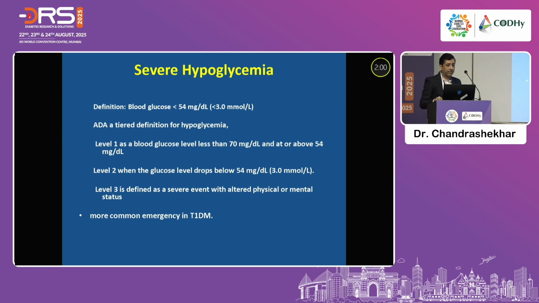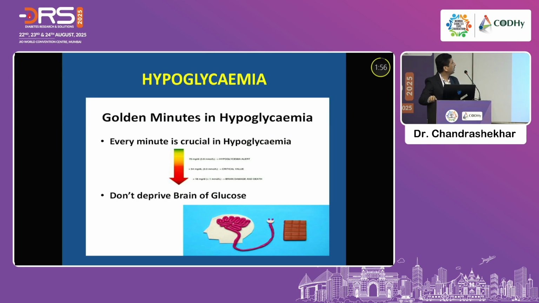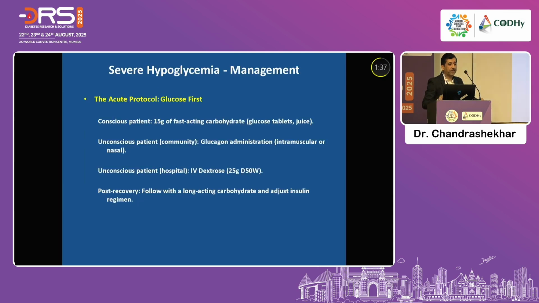It is a more common emergency than DKA. The golden minutes in hypoglycemia are very crucial, because every minute counts, and we should not deprive the brain of glucose. That should be a dictum for all clinicians. So patients should not have any kind of hypoglycemia. That should be our primary aim.